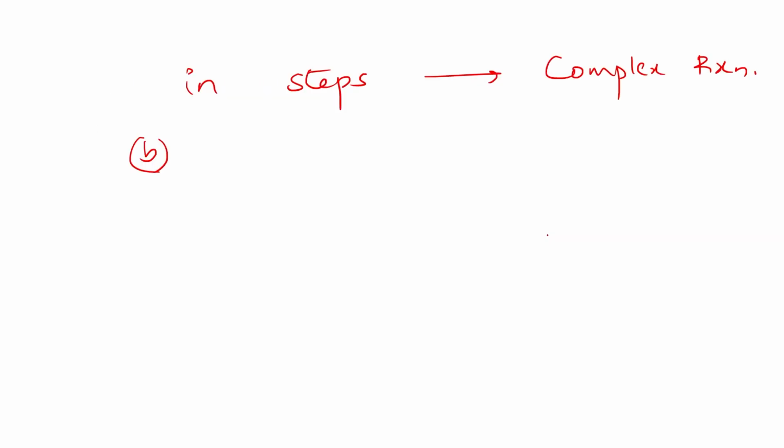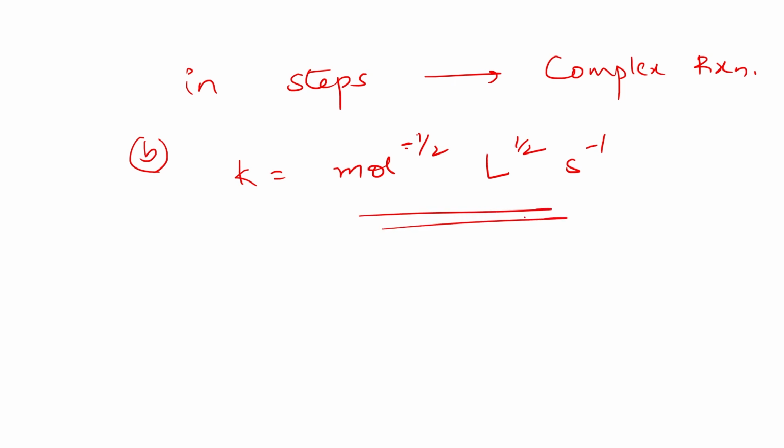Now when you substitute, you get the rate constant unit as this unit, just mole per liter, and you reverse it, it will become half of that. Easy, students. For any question they're going to give you the rate constant: either calculate the rate constant, or calculate the half-life period, or calculate whether it is an elementary reaction or a complex reaction.